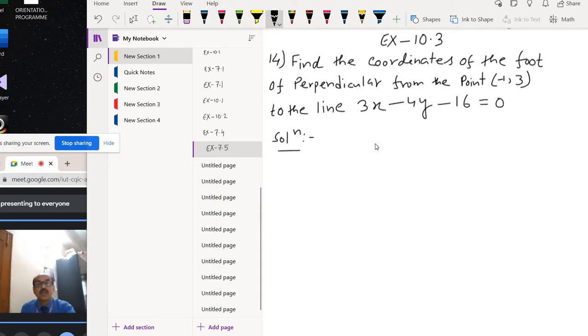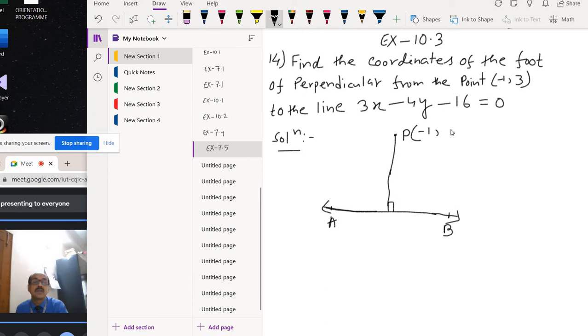So we can draw two perpendicular lines. Let A be this point and B be this, and this point is P, and it is given from the point (-1, 3).